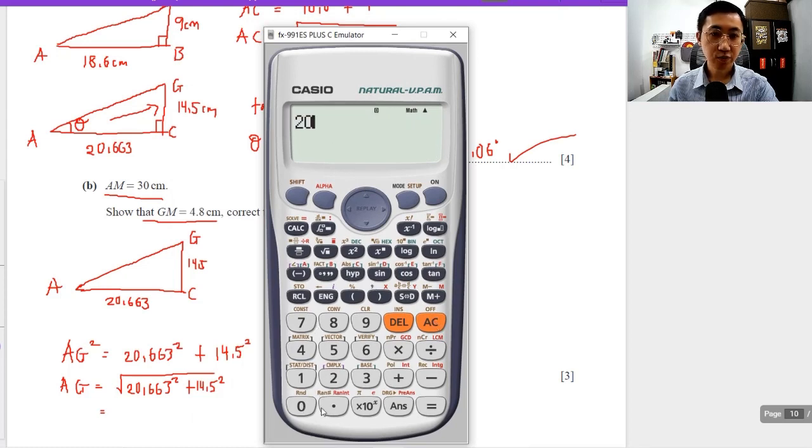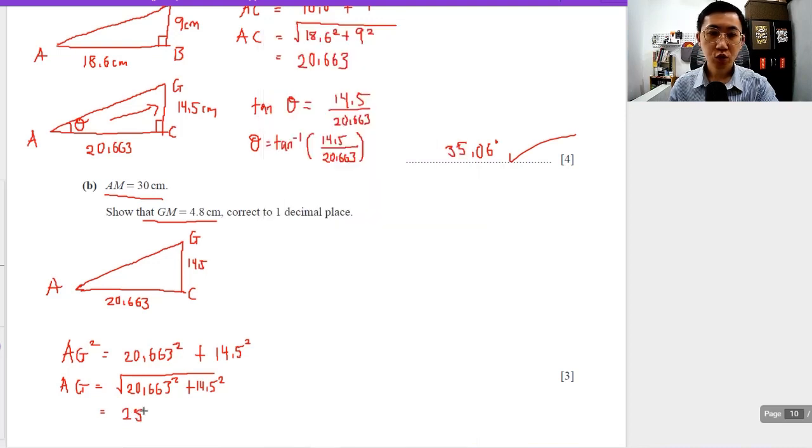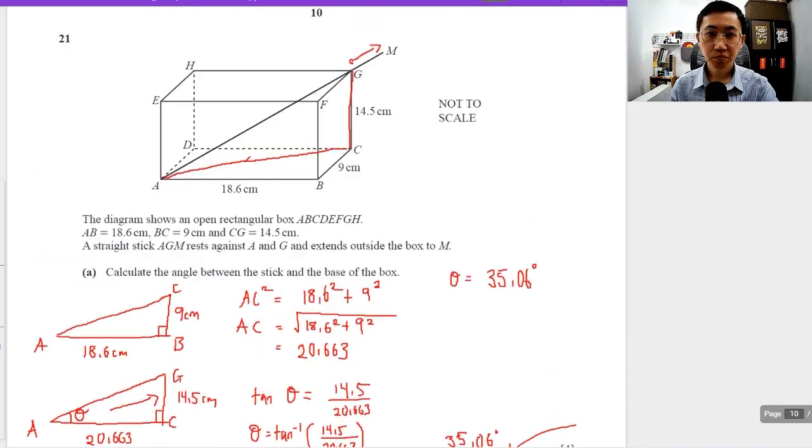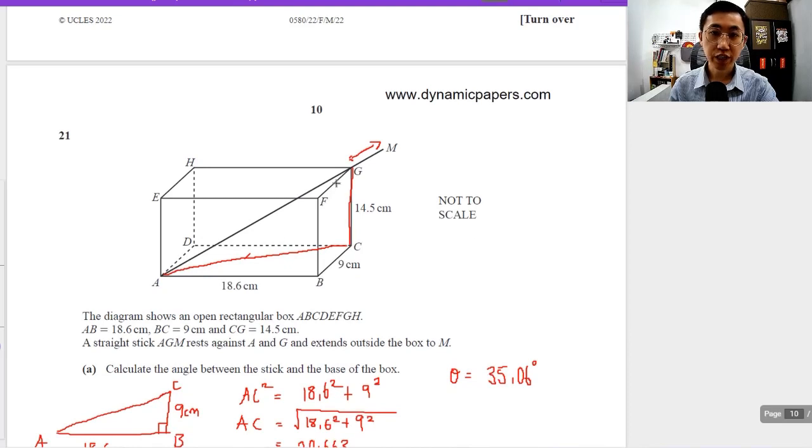Type the inside first: 20.663 square plus 14.5 square, square root answer. Try to copy as many numbers as possible: 25.243.